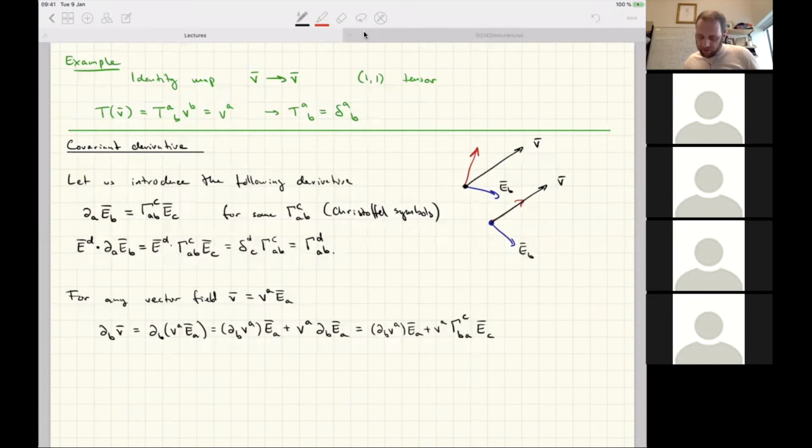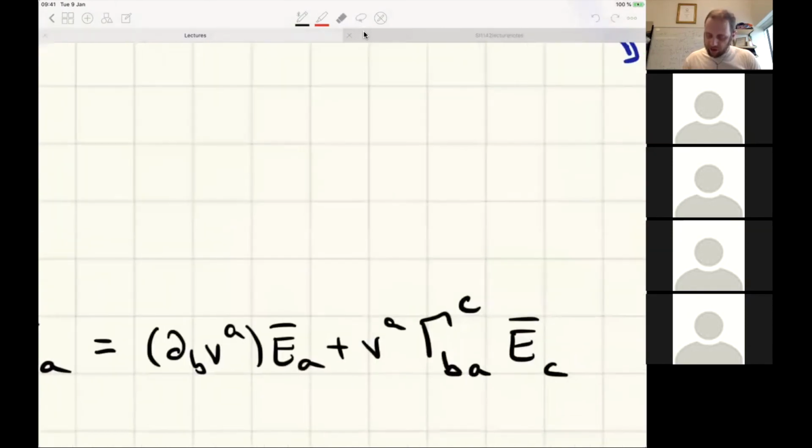And now we have a sum over A and a sum over C. Since these A and B are just dummy variables, we can change the roles of them. So I can put the C here, the C there, and then A there, and A there.